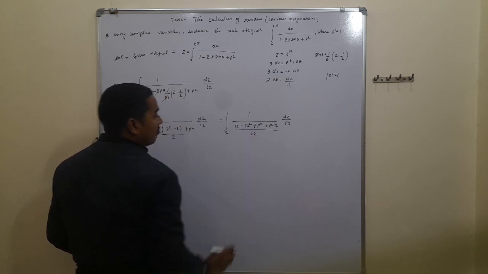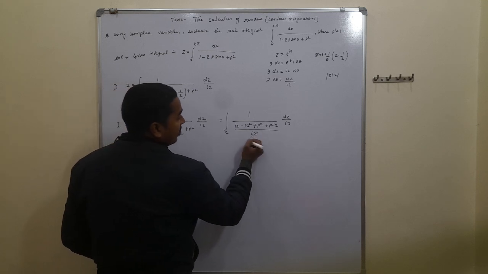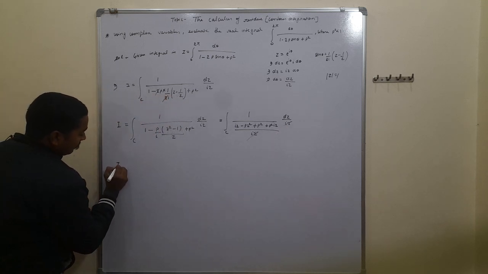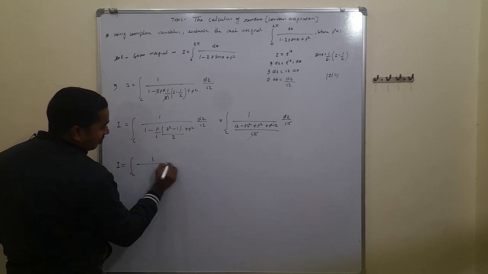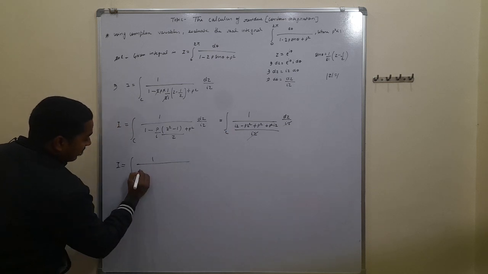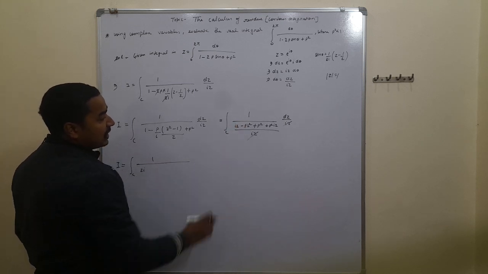Further we cancel the terms, iz with iz cancels out, then the remaining is closed integral 1 upon iz, and minus p z square.